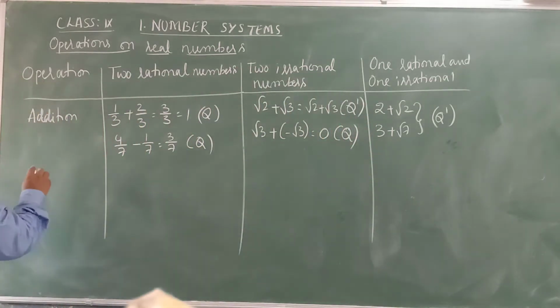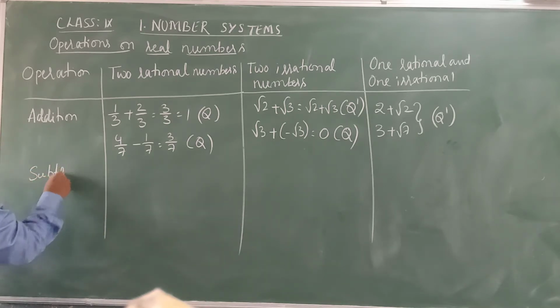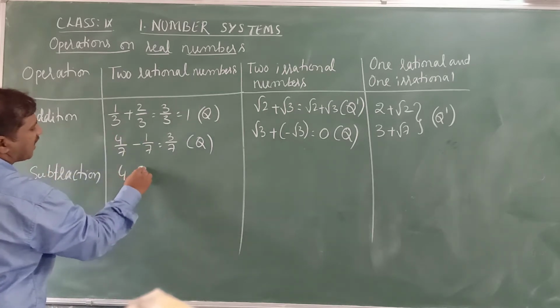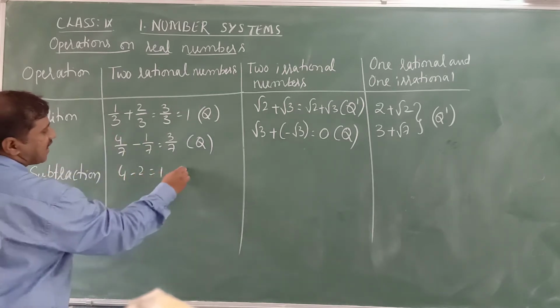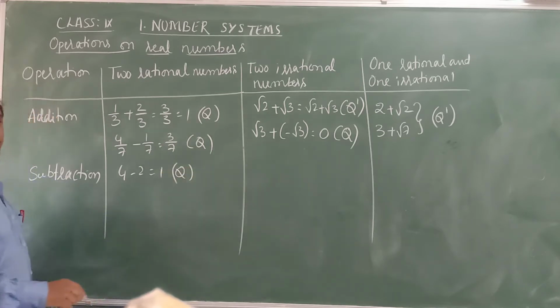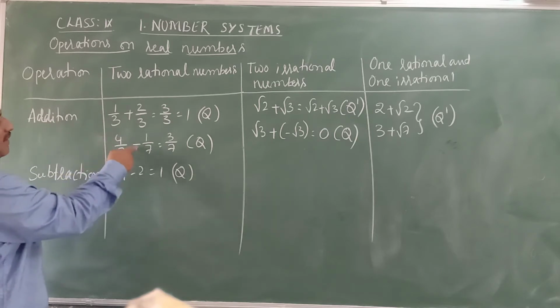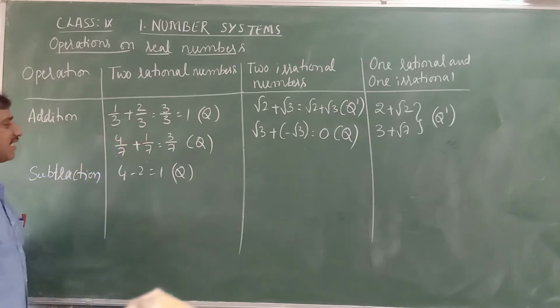Now the second arithmetic operation is subtraction. But I'm sorry, here we were taking the addition. 4 by 7 minus 1 by 7, please take this as addition.